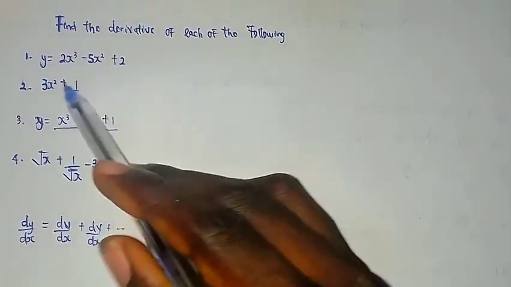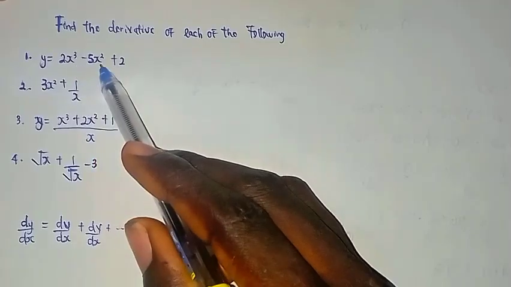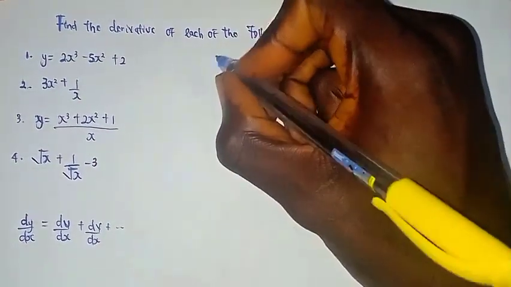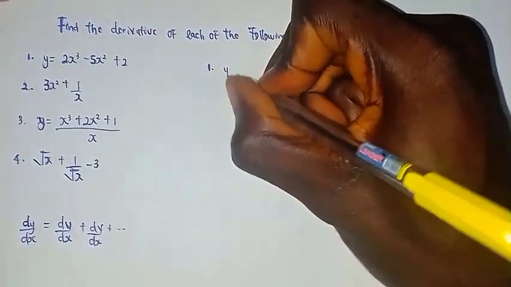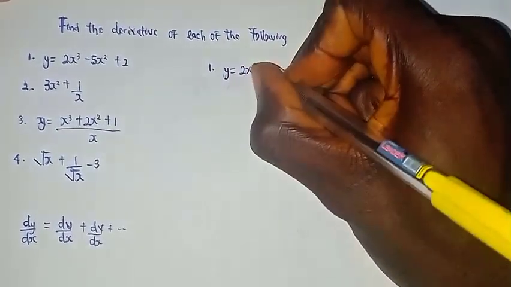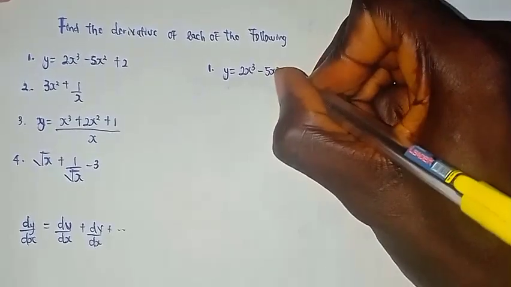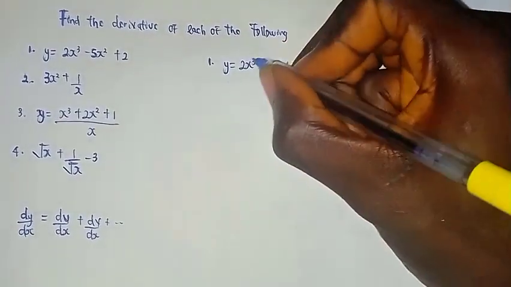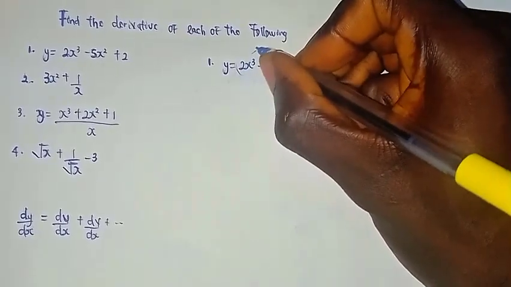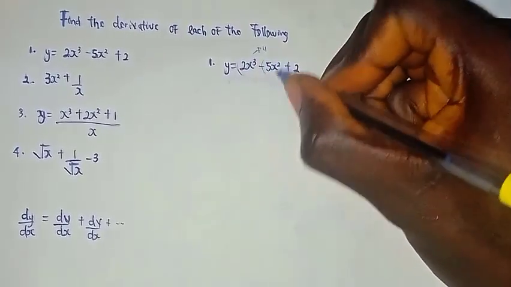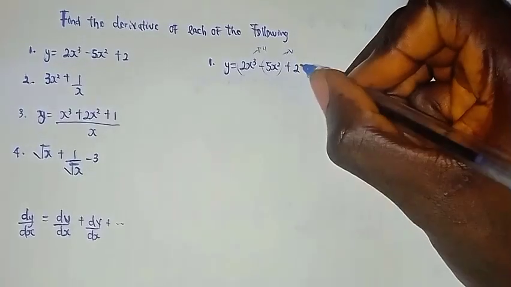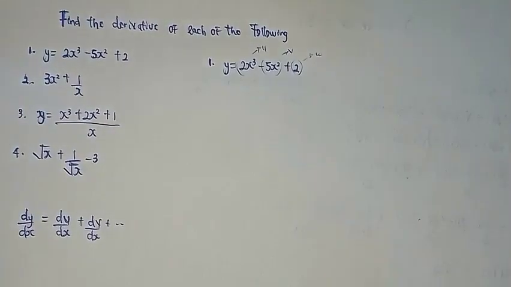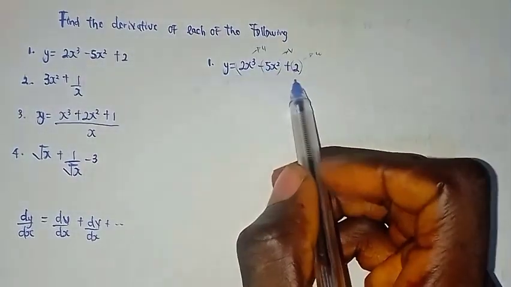The first question says y is equal to 2x cubed minus 5x squared plus 2. So this is the solution. Now we can say that this is our u, our first function, and this is our v, our second function, and let's say this is our w, our third function. These are sums of functions.